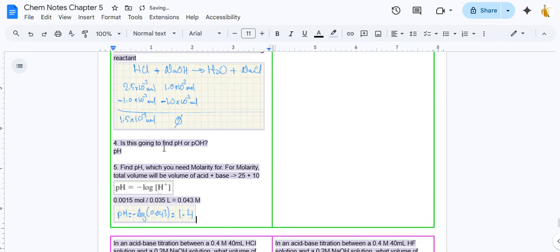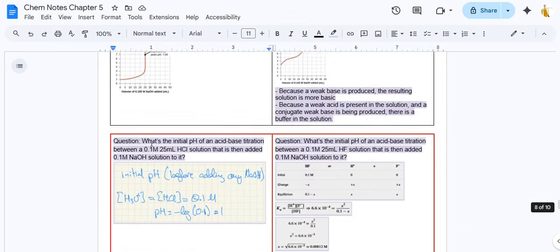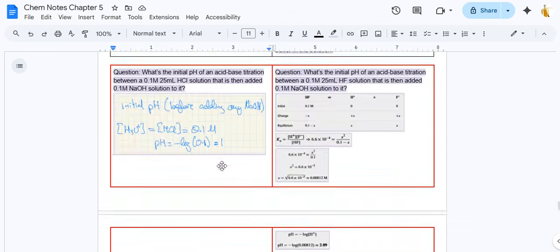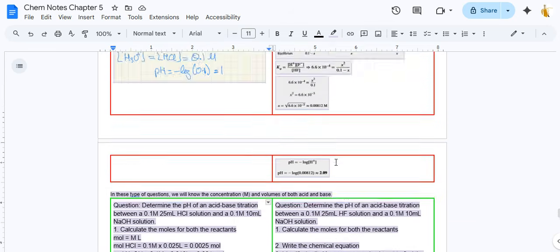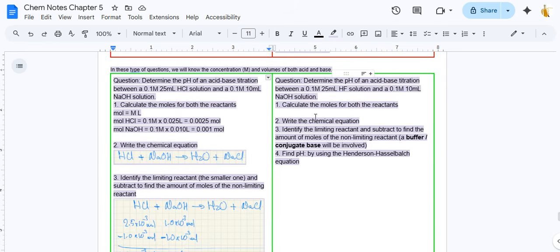So these 5 steps are how you do the calculation for strong acids with a strong base. Now for calculations for a weak acid with a strong base, it's kind of similar. The first 3 steps are pretty similar.